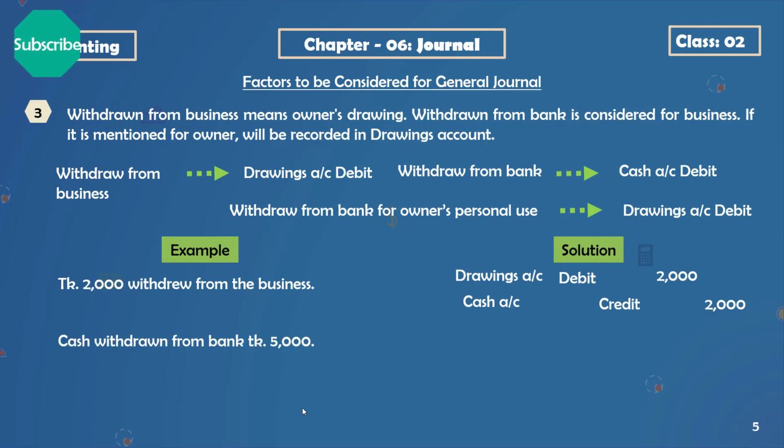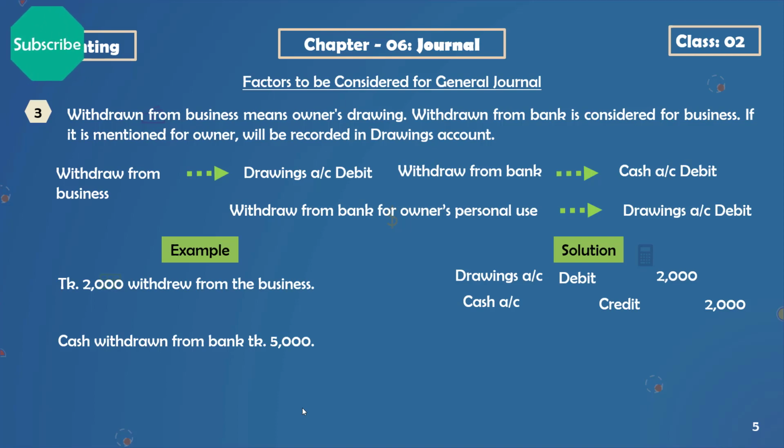Another transaction, cash withdrawn from the bank, Taka 5000. Here only cash withdrawn from the bank is mentioned, and anything else isn't mentioned. So we have to consider this money has been withdrawn for the business.